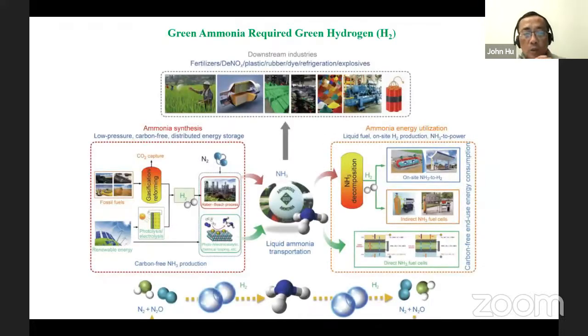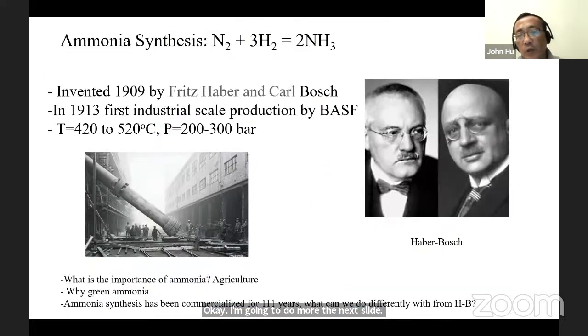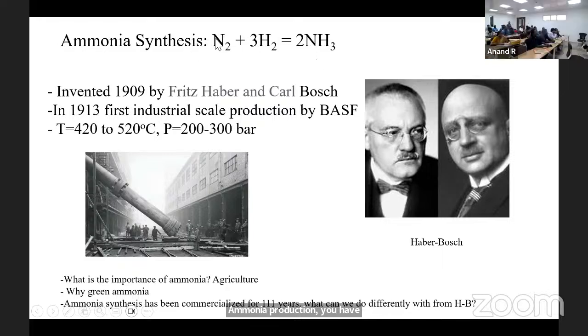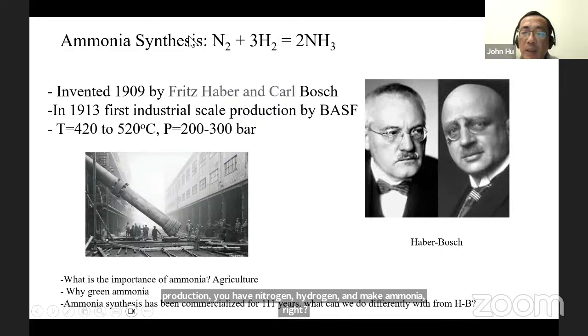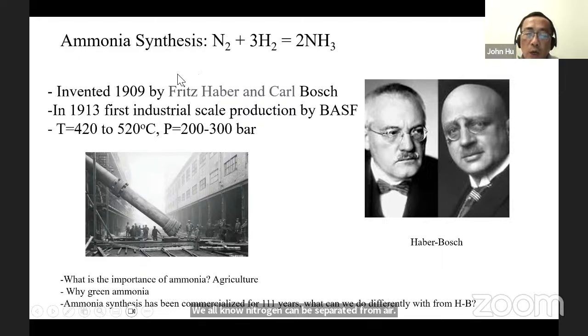All right. So if you look at this equation, for ammonia production you have nitrogen and hydrogen, and make ammonia. We all know nitrogen can be separated from air. That's a commercial process called cryogenic separation, and you have nitrogen. The key is hydrogen. The majority of the cost is hydrogen.